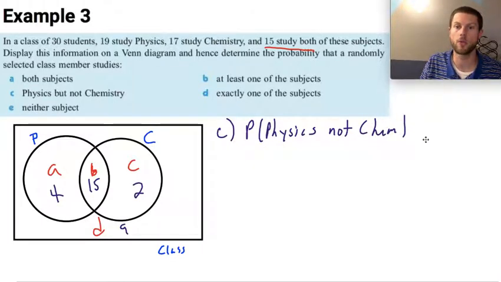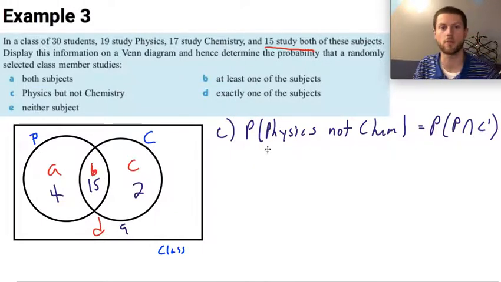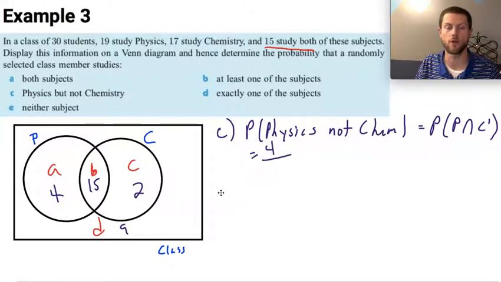And we could express that as the probability of P and not C. So I'm looking for the region that is physics. So physics is this entire region, but I do not want to include chemistry students. And so this intersection would include the chemistry students. So this is going to be given then as this region here. That's going to equal 4 over the total sample size, which is 30. So that's going to equal 2/15.